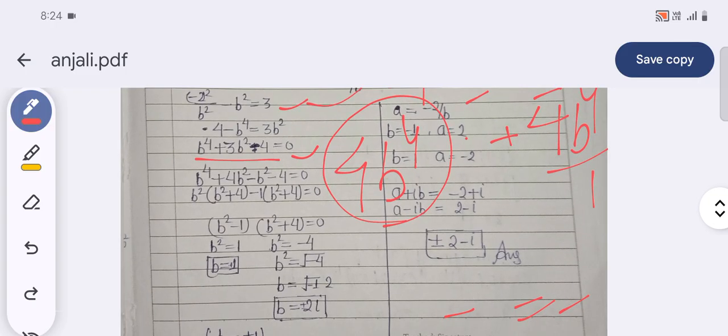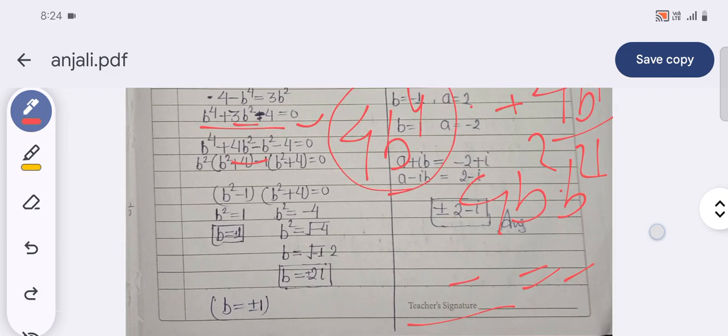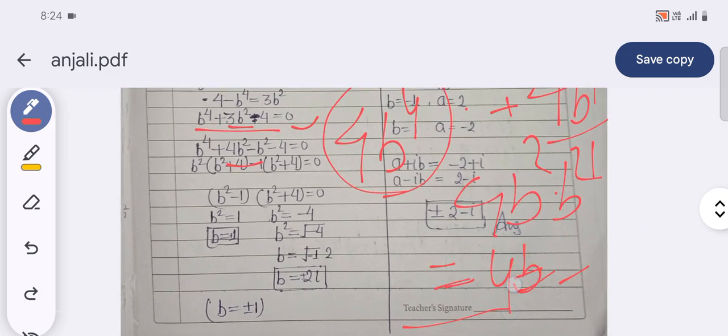So we can easily find the factors. We can break it: b to the power 4 plus 4b square minus b square minus 4 is equal to 0. If we subtract 4b square minus b square, this will always be 3b square, and when we multiply 4b square into b square, this will always come b to the power 4.